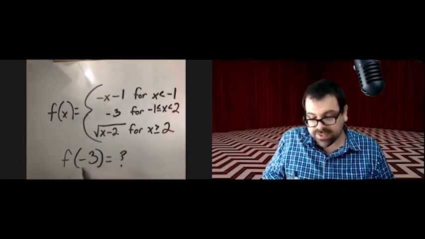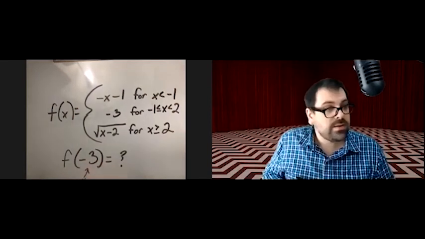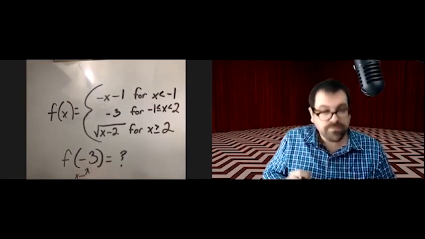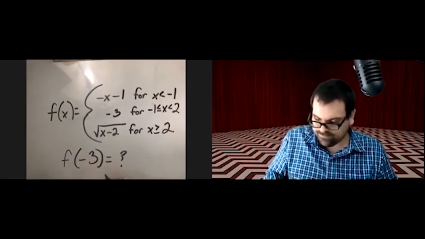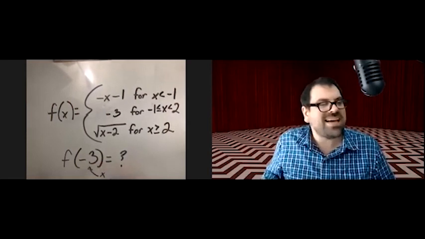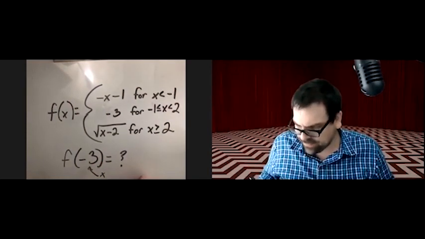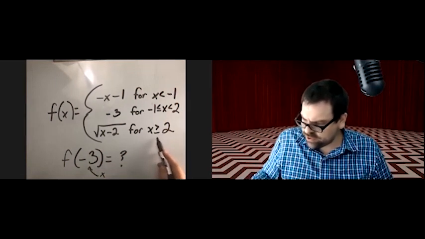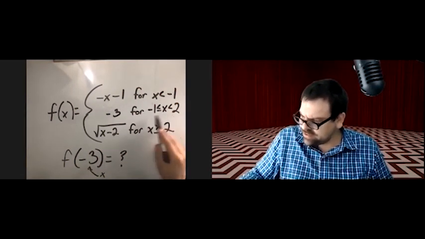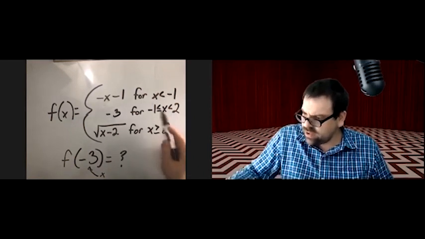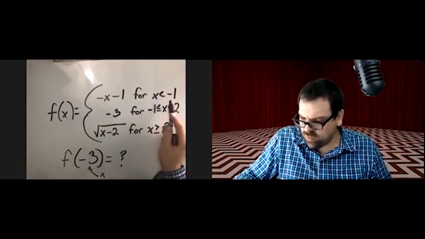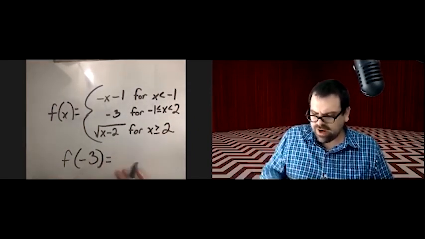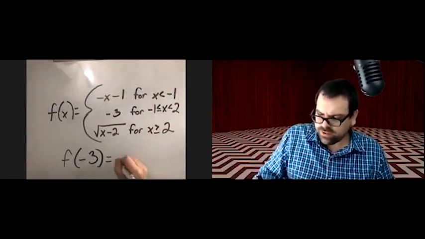F of -3 means x is -3. Well, -3 isn't greater than or equal to 2. -3 isn't between -1 and 2. -3 is less than -1.